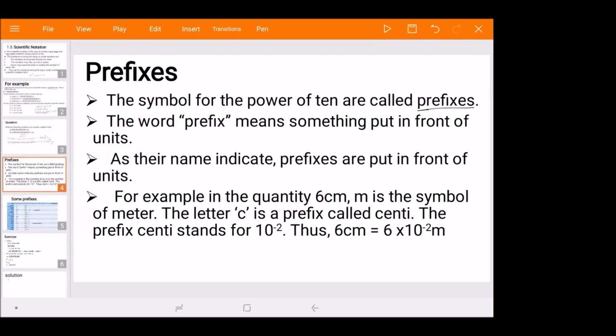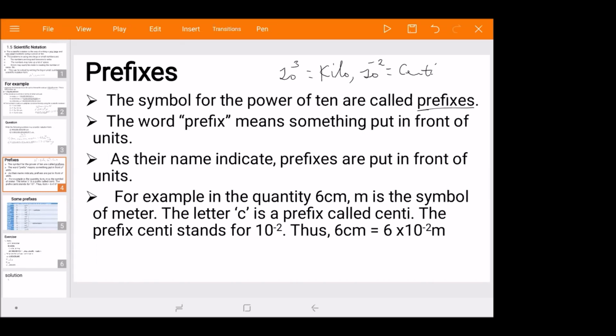For example, you can symbolize 10 to the power of 3 by kilo. For 10 to the power of negative 2, centi. The symbols for the power of 10 are what we call prefixes.